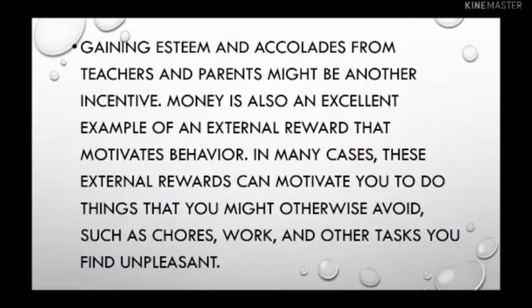Gaining esteem and accolades from teachers and parents might be another incentive. Money is also an excellent example of an external reward that motivates behavior. In many cases, these external rewards can motivate you to do things that you might otherwise avoid, such as chores, work, and other tasks you find unpleasant.